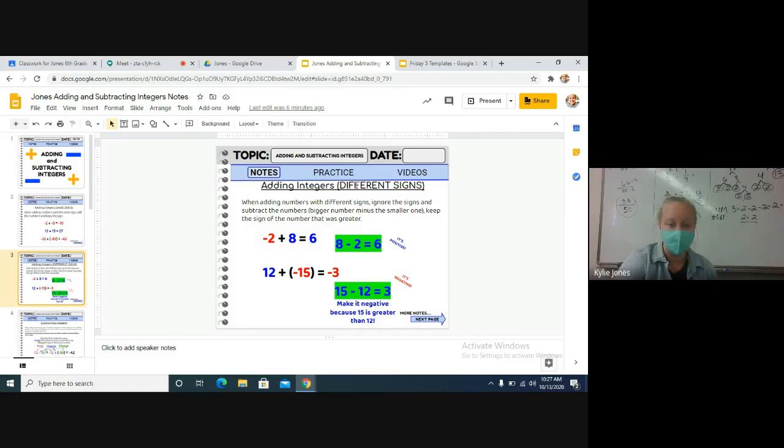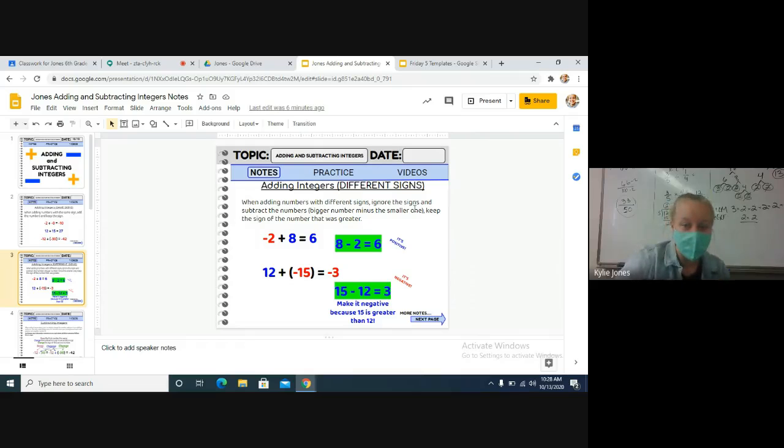When you're adding numbers with different signs, a positive and a negative, you're going to ignore the signs. Just act like they're not there. You're going to take the bigger number and subtract the smaller one. And then to figure out whether it's positive or negative, you're going to take the sign of the bigger number.